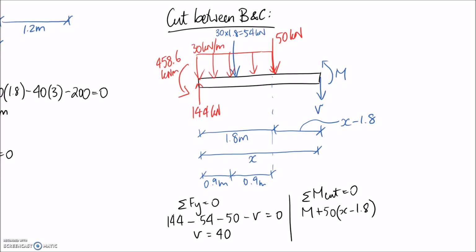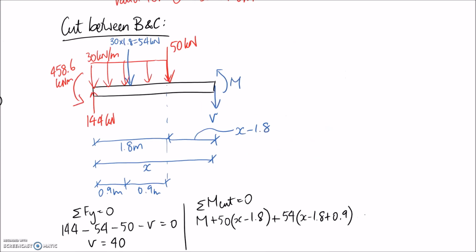We've then got the 54, which is acting at a distance in here of X minus 1.8 plus the extra 0.9. This is going to try and rotate us anti-clockwise, so it's going to be positive. We've got the 144, which is going to be acting at a distance of X meters, the full length in here.